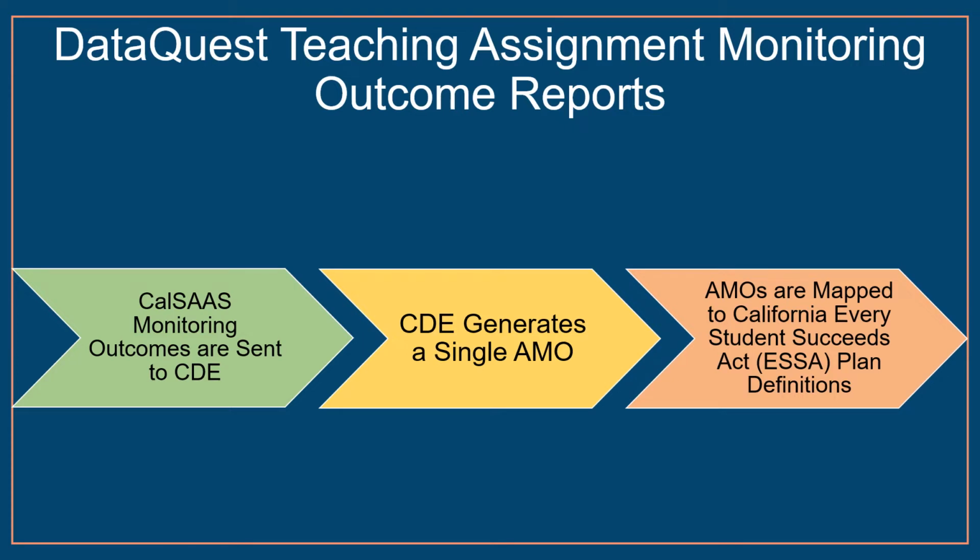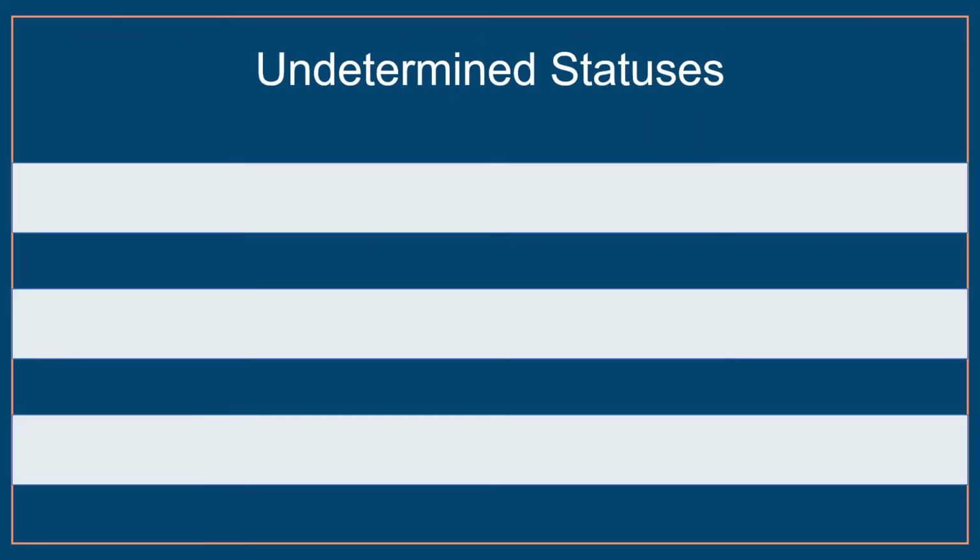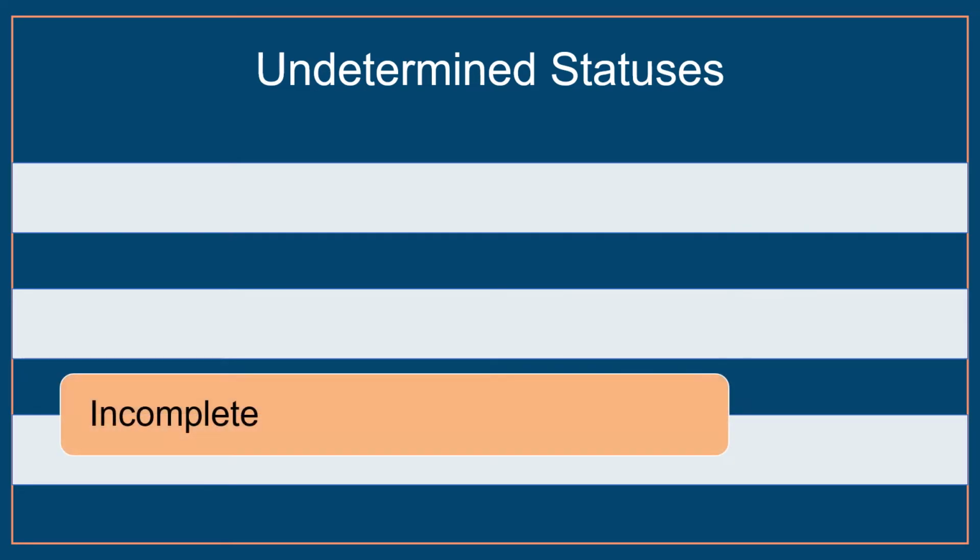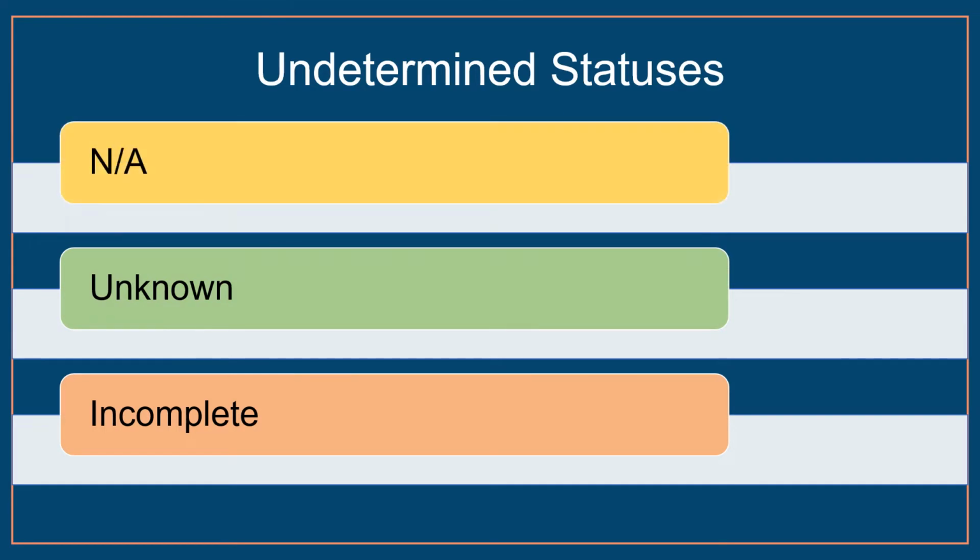Additionally, these data will be available for schools to use in their annual School Accountability Report Cards, or SARCs, and Priority 1 on the California School Dashboard. There are three assignment monitoring outcomes, or AMOs, that represent missing or incomplete data in either CALPADS or CalSAAS: incomplete, unknown, and not applicable.